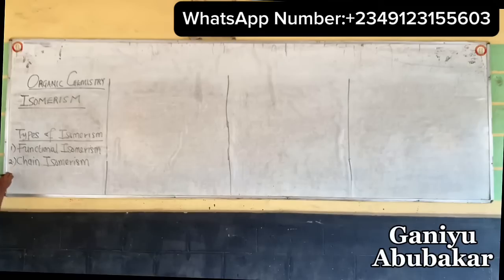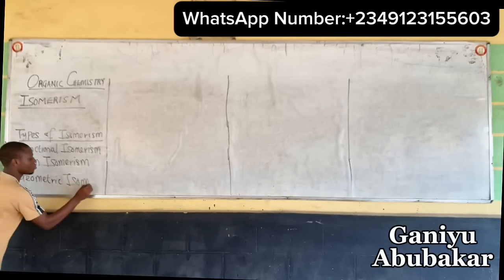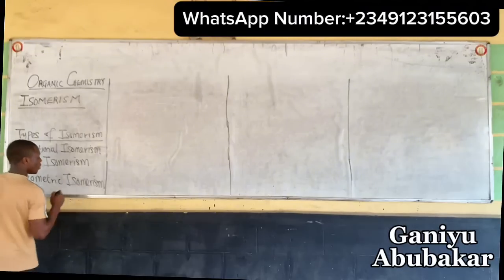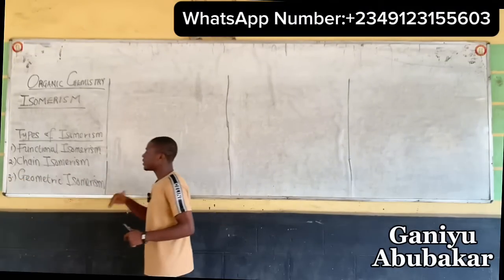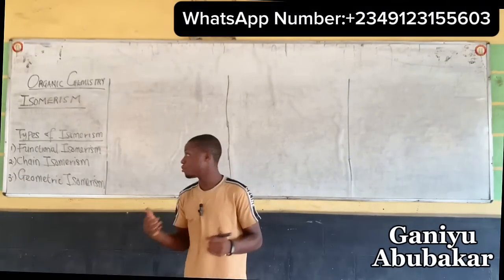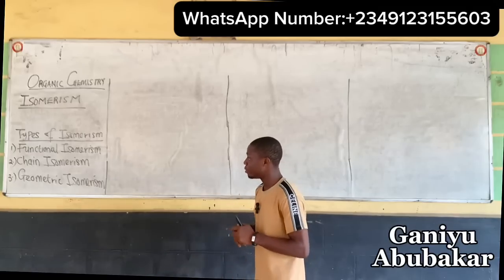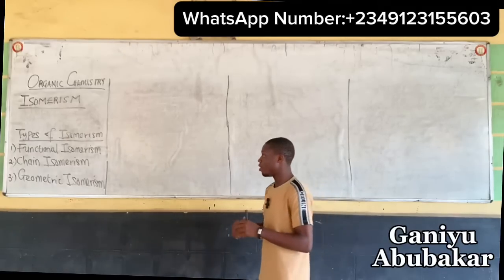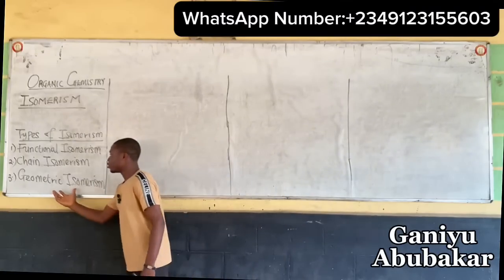And finally, we have the last one, called geometric isomerism. These are the three distinct types of isomerism: functional isomerism, chain isomerism, and geometric isomerism.